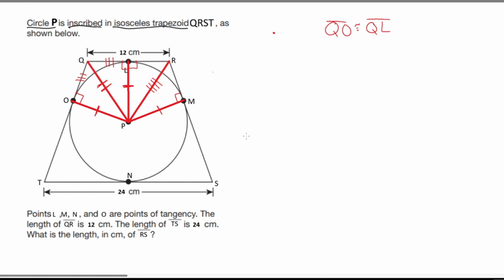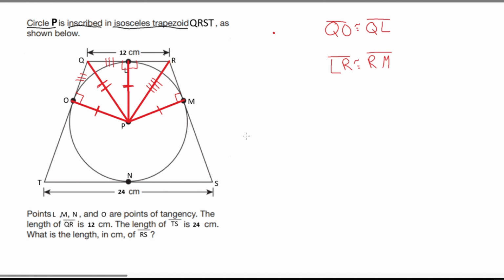And based on the hypotenuse leg theorem, that means that LR is congruent to RM. So LR is congruent to RM.